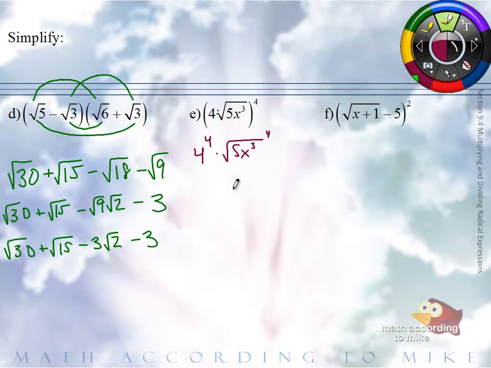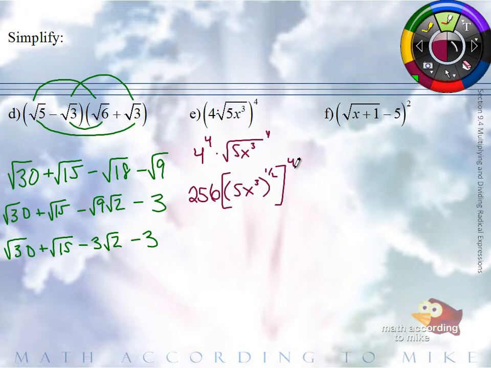What is 4 to the 4th? A square root is a 1/2 power. So if you want, you can think about the second term. It's 5x cubed to the 1/2 and then to the 4th.